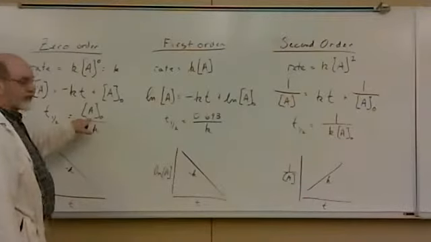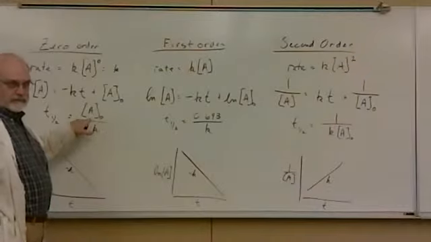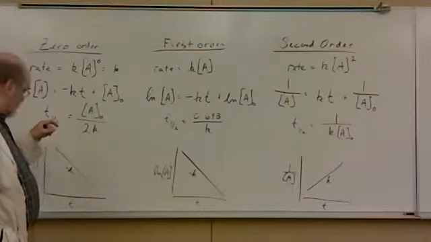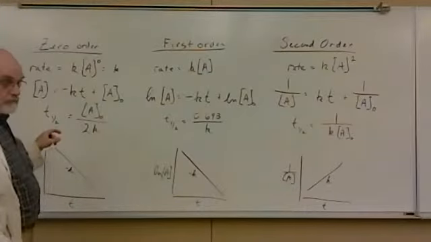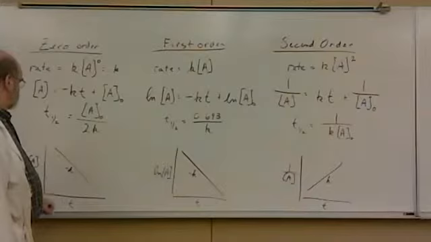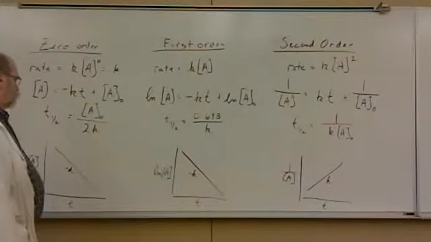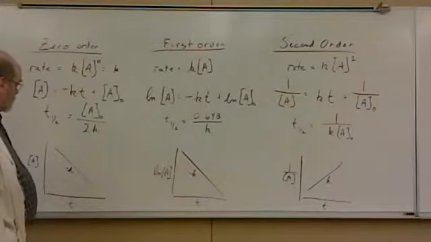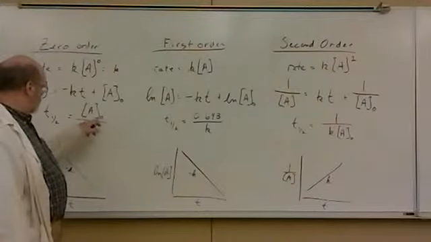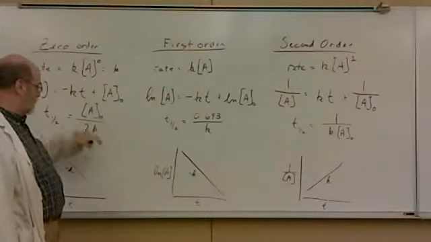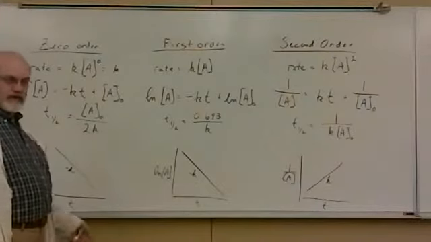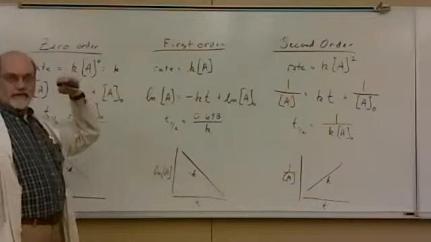The starting position does matter for half-life. But we could choose a different point. How would you notate that, if you chose a different time for A? You could annotate it by putting the actual time here as your starting point, if you started at 4 seconds rather than at 0 seconds.